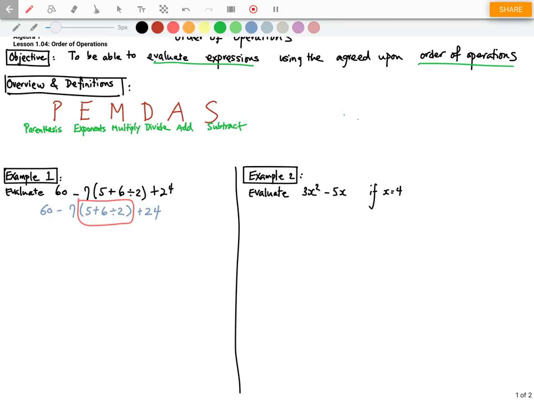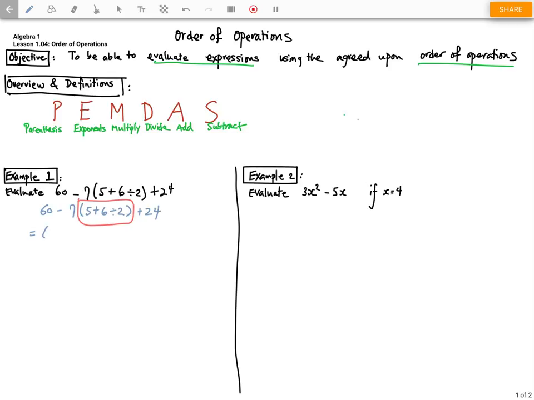So let's start with the parentheses. Now within the parentheses, you see two operations. You see addition and a division. Now when you go back to the PEMDAS acronym, division has a higher level of priority than addition. So in this case, you do the division first. That's how you use the acronym PEMDAS for the order of operations.